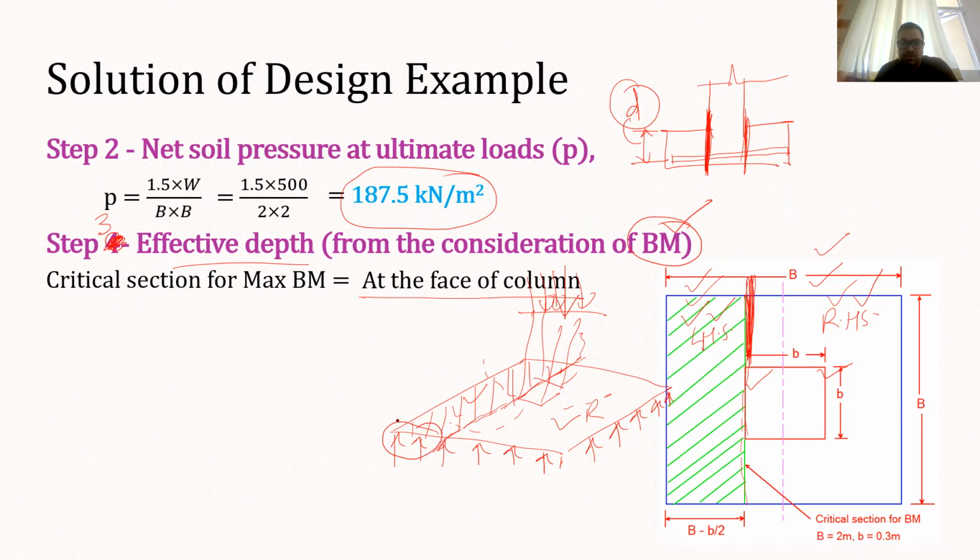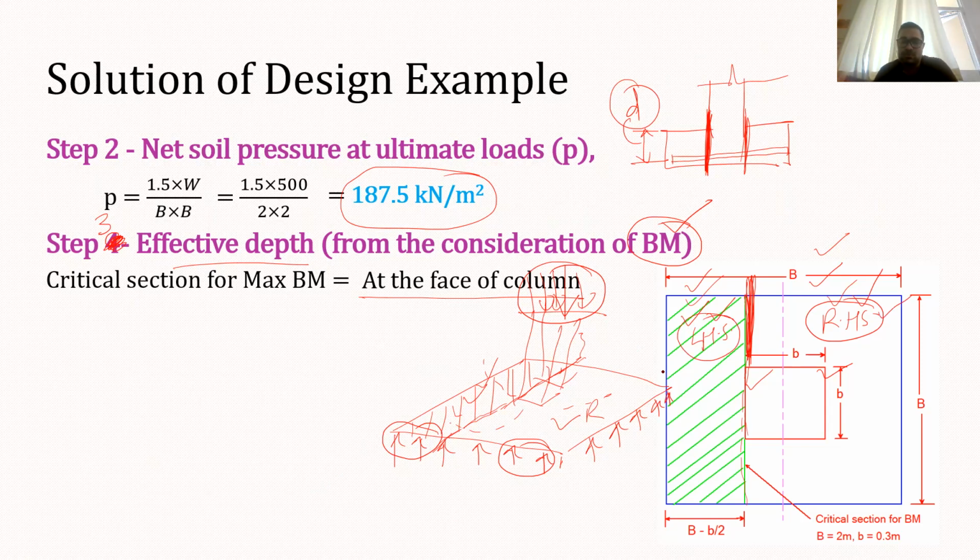You can see this is the net upward pressure in this critical section. If we consider RHS, we will have two forces. One is the net upward pressure, and the second is the downward force coming from the column. So we will have more calculation if we consider RHS. So here we will consider only LHS, which has only one force in the form of net upward pressure.